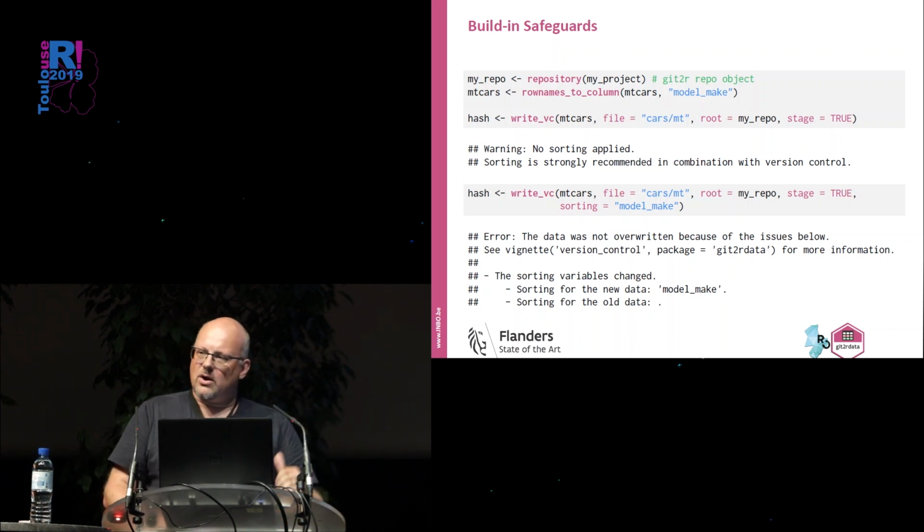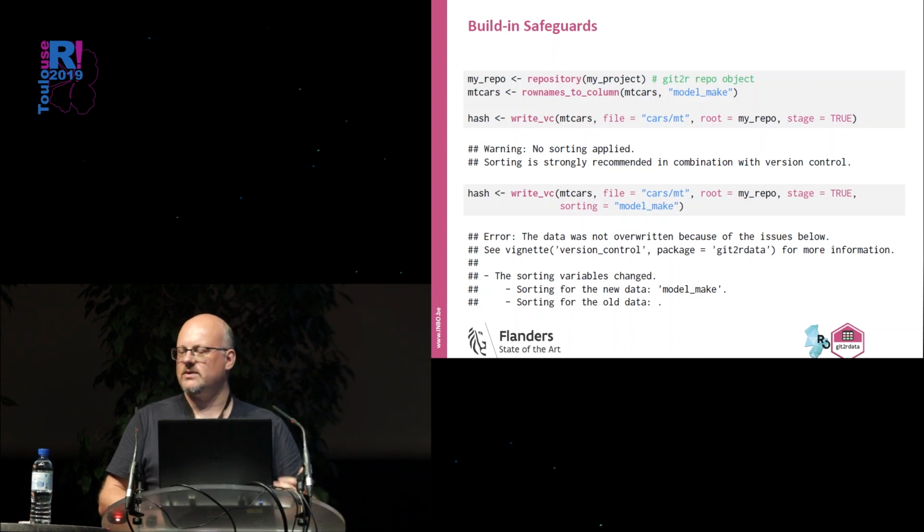Notice that you now get an error, because each time write_vc detects that the change might potentially lead to very large diffs, it will throw an error and give you an indication of the reason why we think that you did something which you may not want to do. In this case, you changed the sorting.